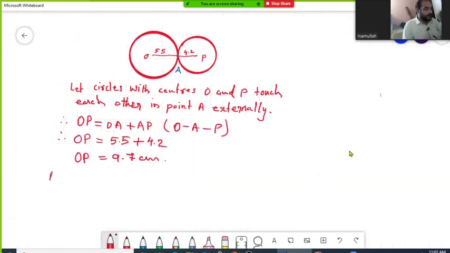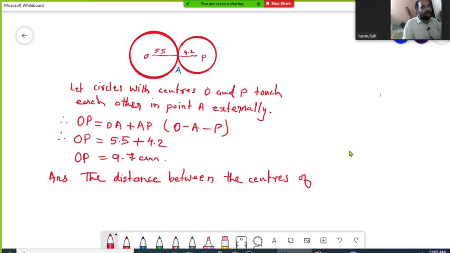So you will write your final answer. The distance between the centers of the given circles is 9.7 centimeter.